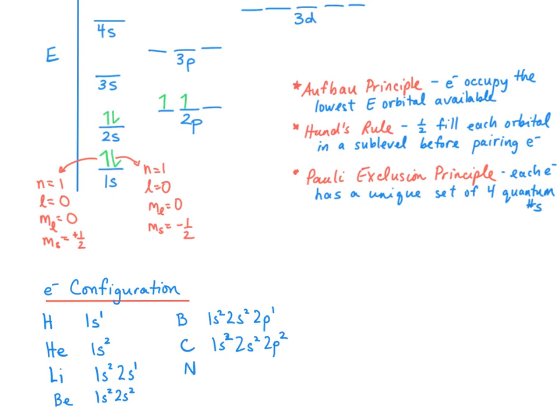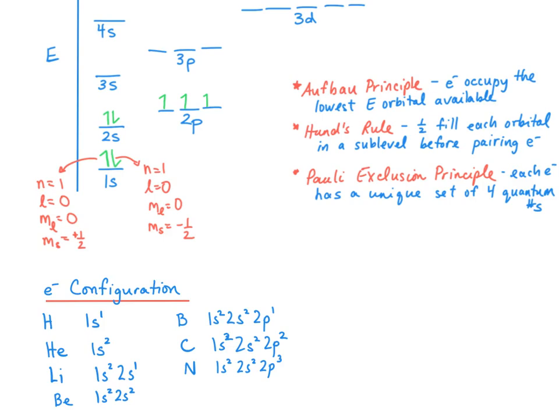Okay, moving on to nitrogen. 1 more electron, where does it go? Follow Hund's rule. By convention, we'll move into that last 3rd orbital and half fill it for a configuration of 1s2, 2s2, 2p3. Okay, keep going.